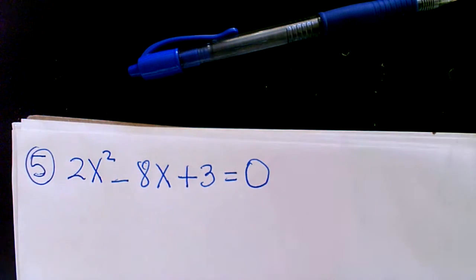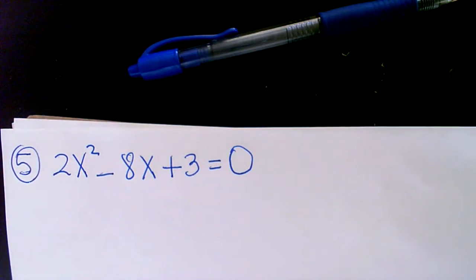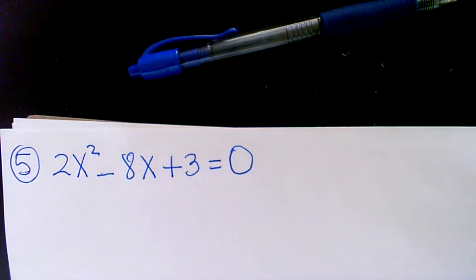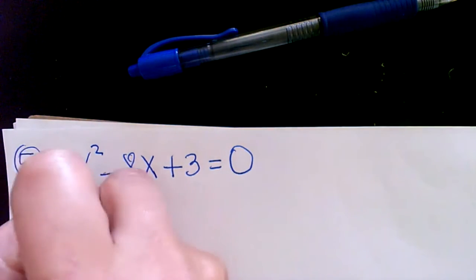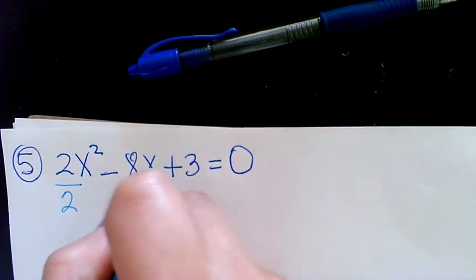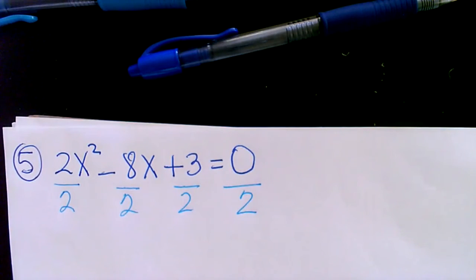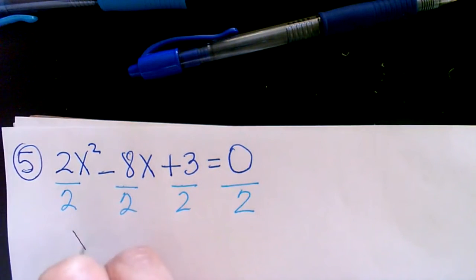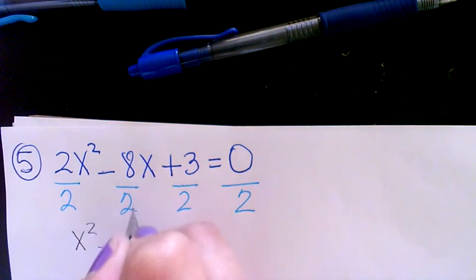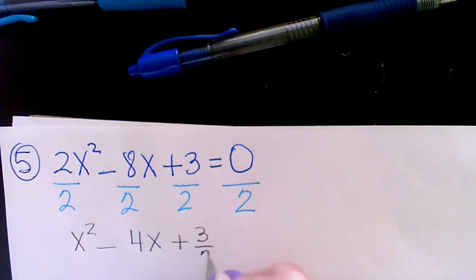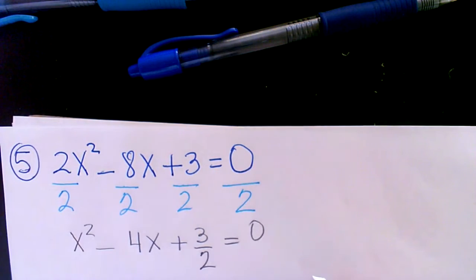So that means we're going to have to divide everything by that coefficient. So divided by 2, by 2, by 2, and by 2. So let's see what we have left. x squared, 8 divided by 2 is 4x, plus 3 over 2 equal to 0.